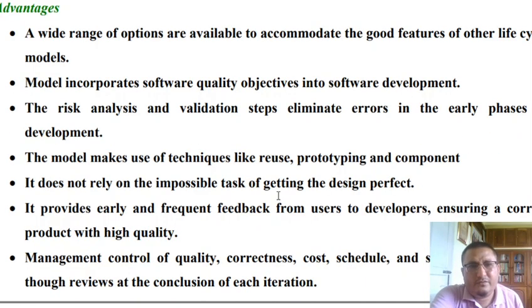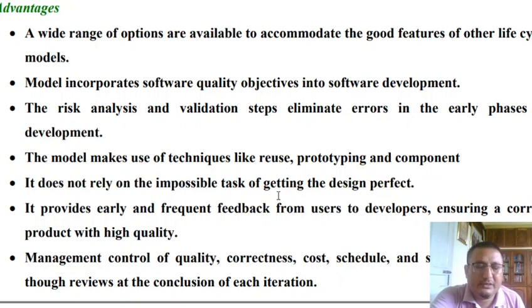One of the foremost advantages of the spiral model is, as I've already said, that it has the good features of all the other life cycle models that we've discussed, right from the waterfall model to the prototyping model, verification and validation model, evolutionary model, rapid application development, the component assembly model and many more.